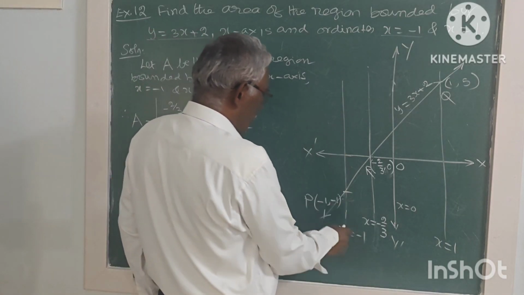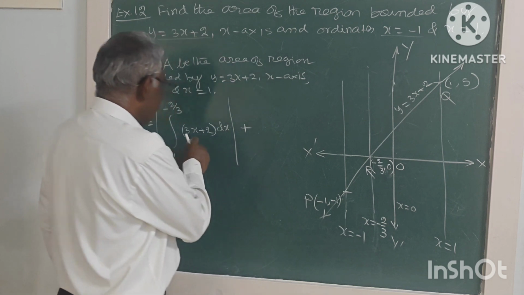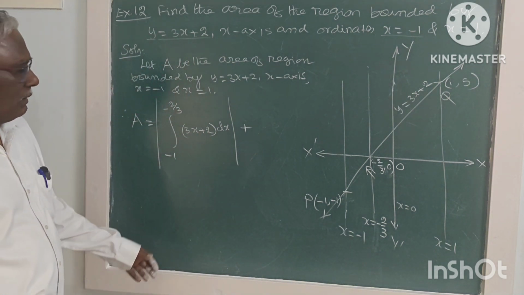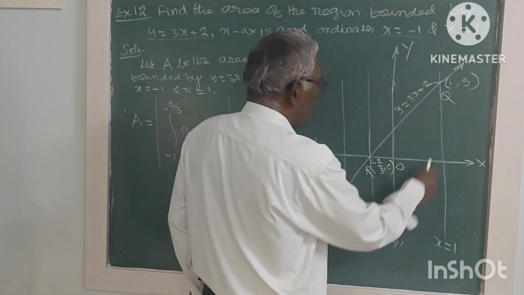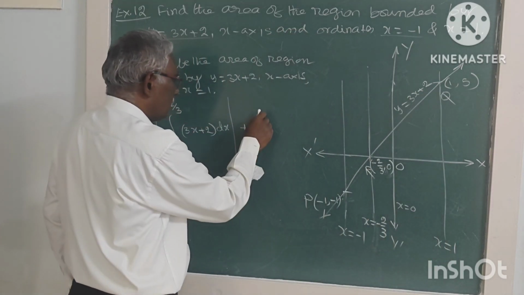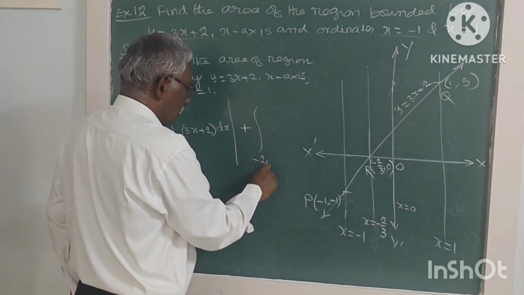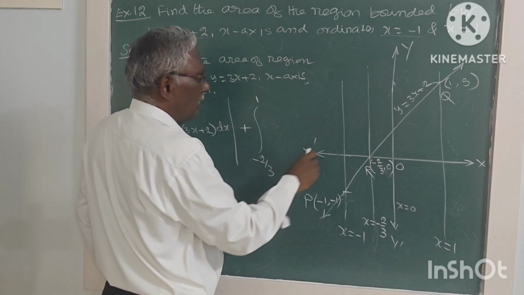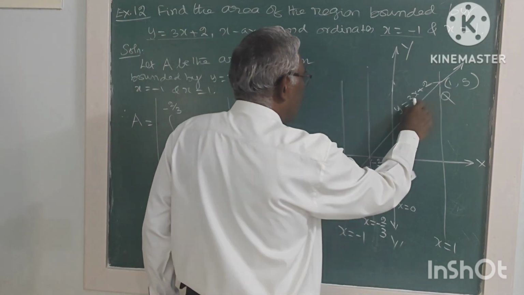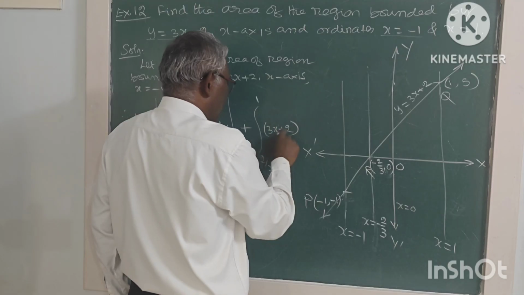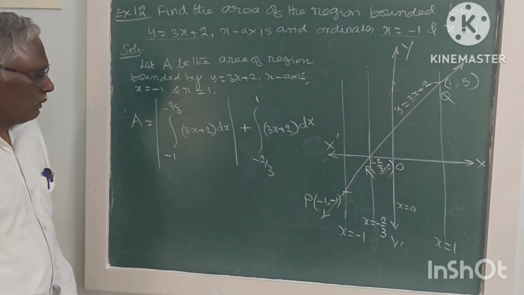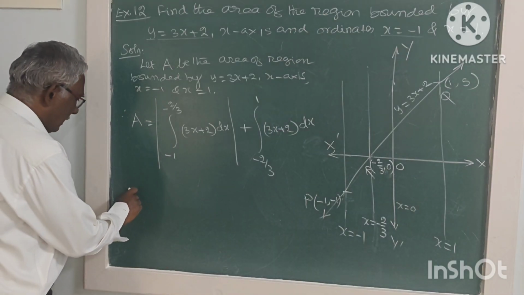So x is minus 1 to minus 2 by 3. For that region we have to take a modulus. Then x is minus 2 by 3 to x is 1, the equation of the line is 3x plus 2, dx. We have to evaluate this definite integral.